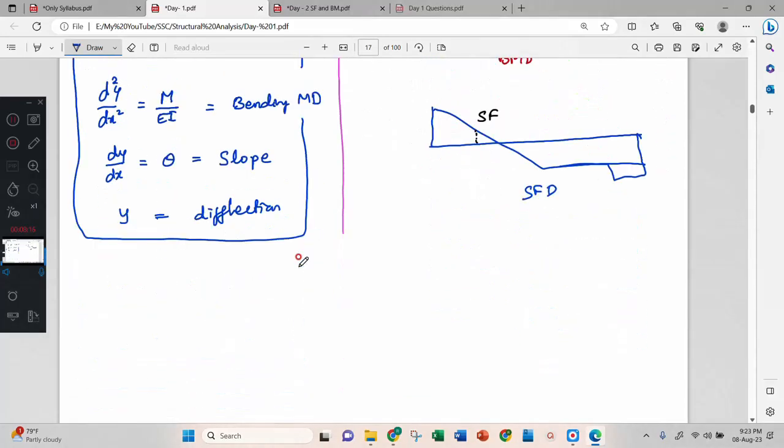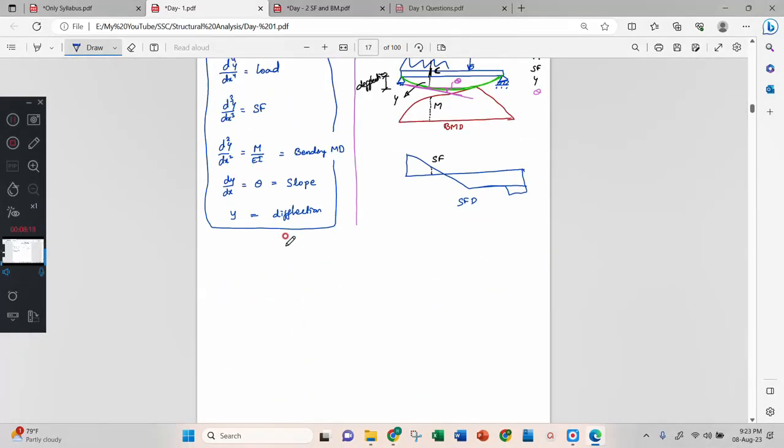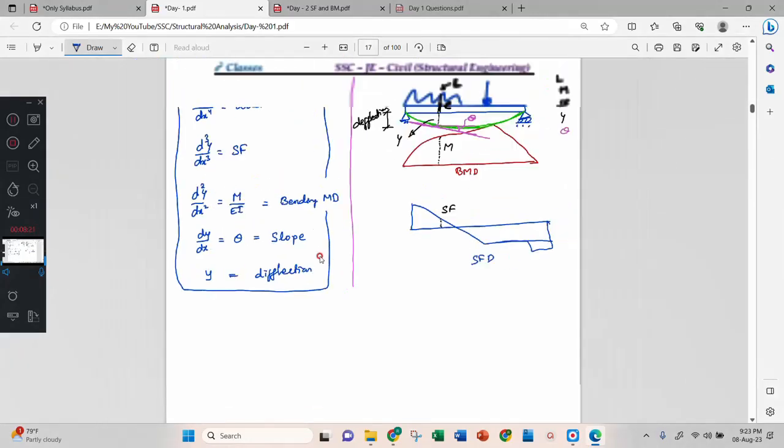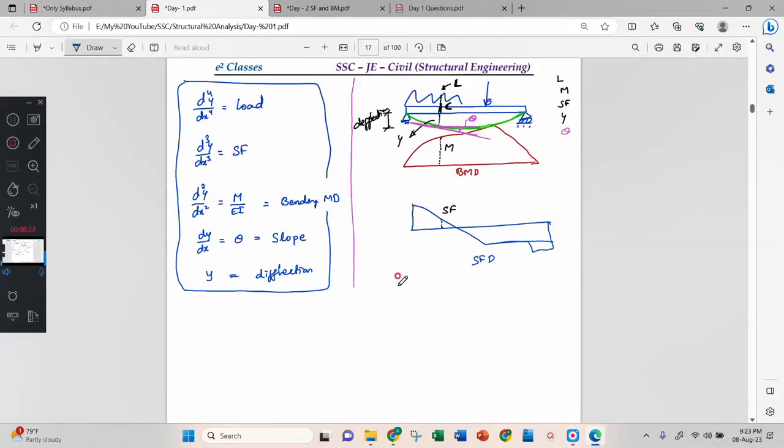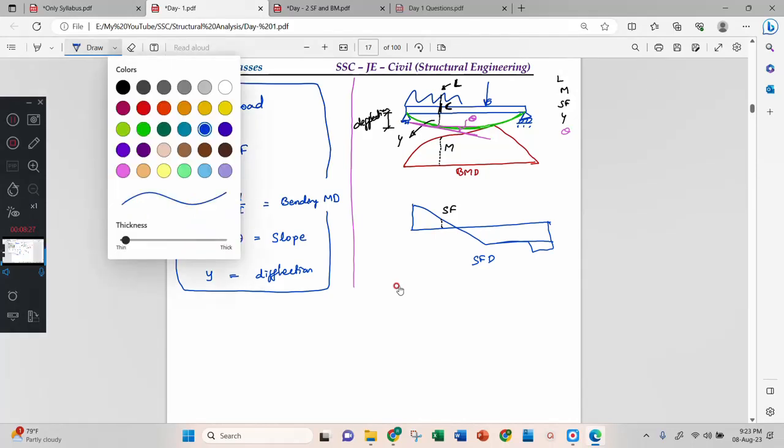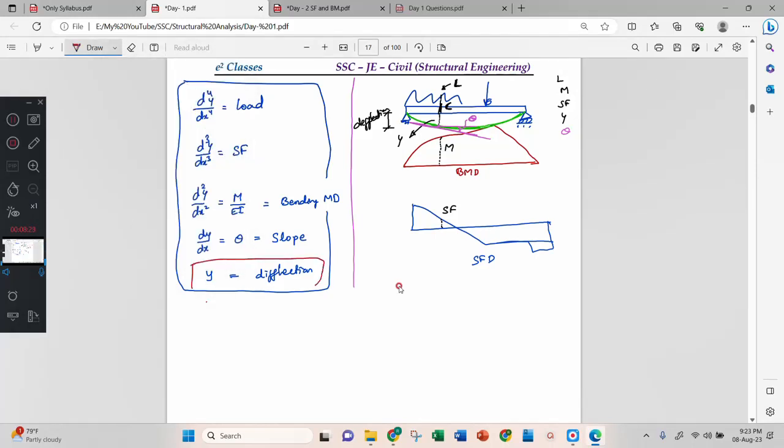Okay, this is very important. Now you don't have any doubt in y. Y means deflection, correct? Y means deflection. Look at here, dy by dx, what we can call it is a differentiation of deflection. They will give it as an option.